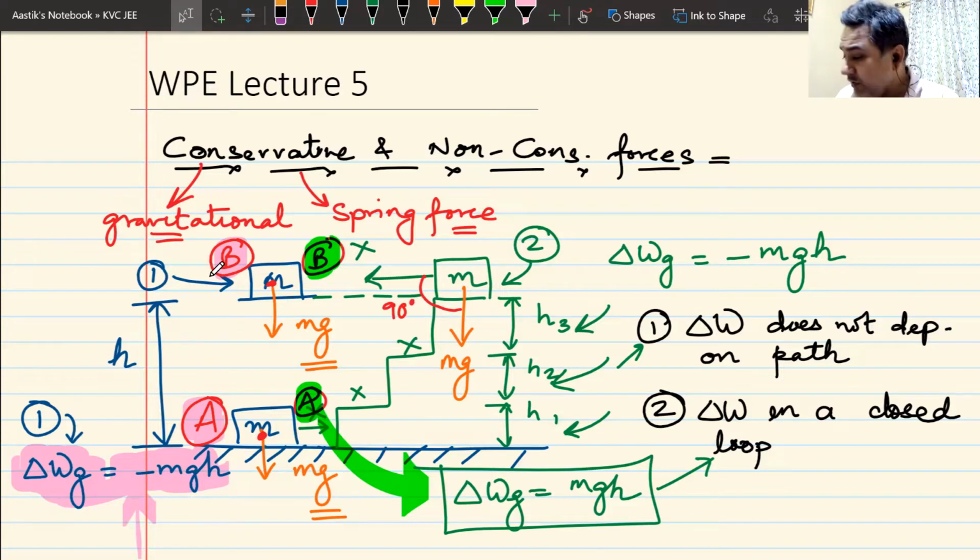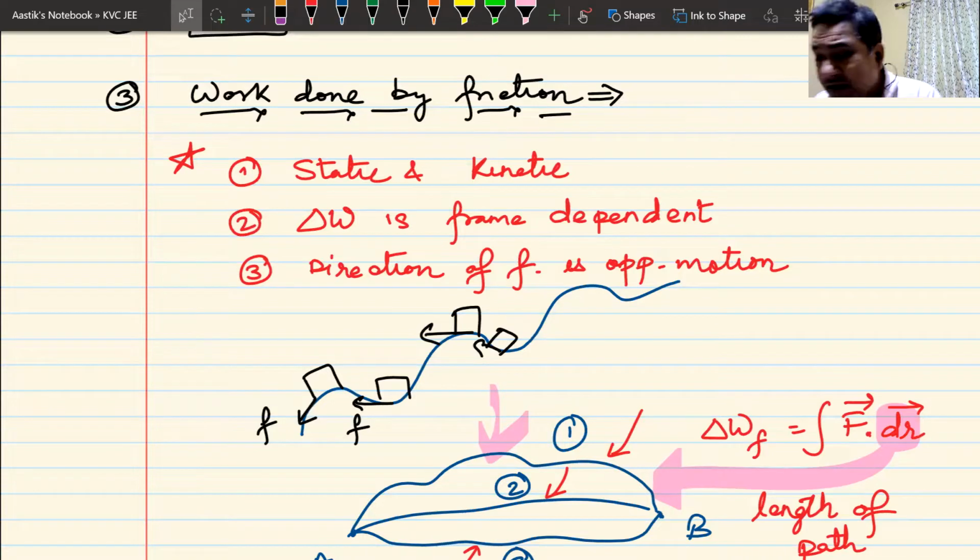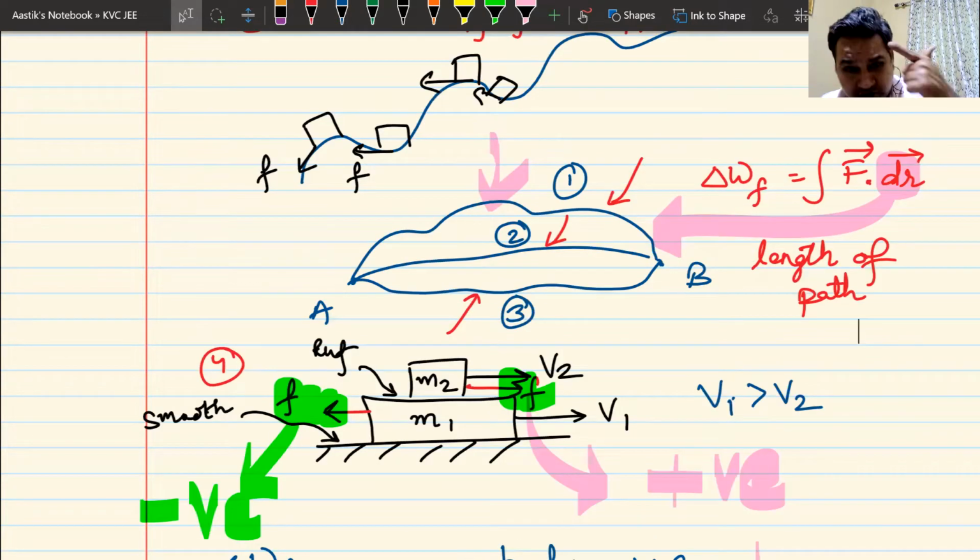Then you have non-conservative forces like friction, where work done depends on path. Friction is very important because even though the magnitude is constant, the direction of friction continuously changes, and therefore in friction you must always think about the length of the path and not displacement, because it is a non-conservative force. Why is it non-conservative? Because the direction keeps on changing.